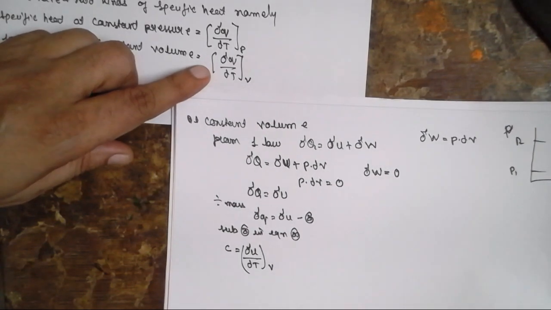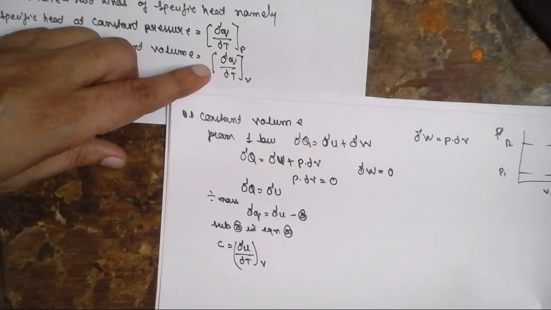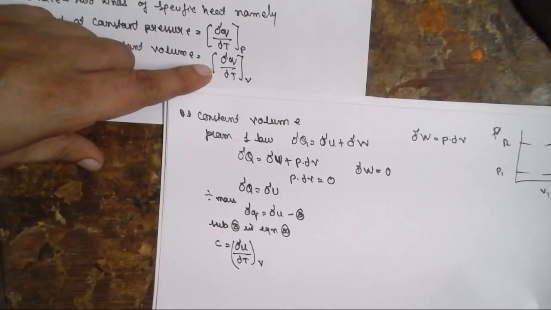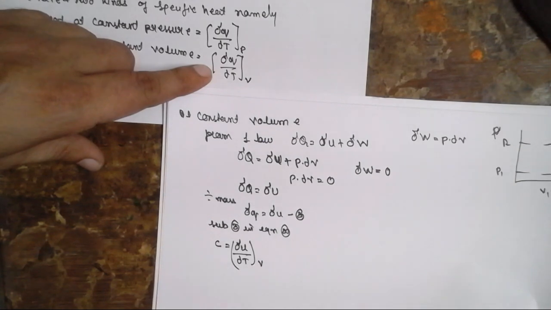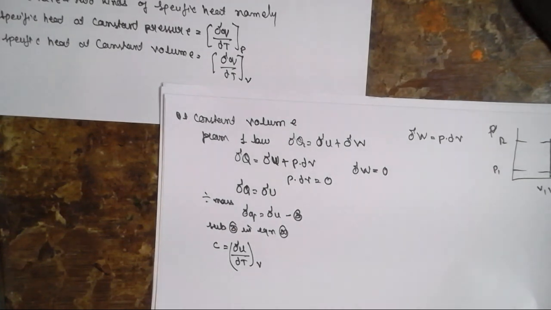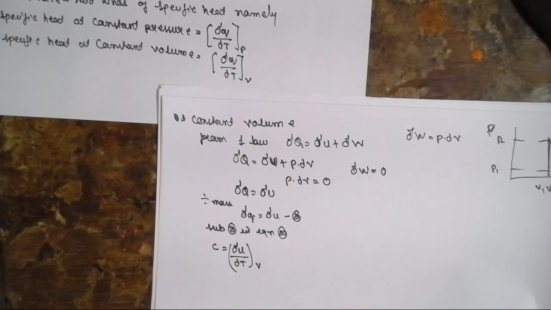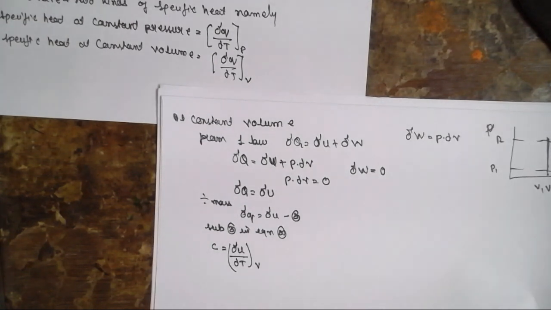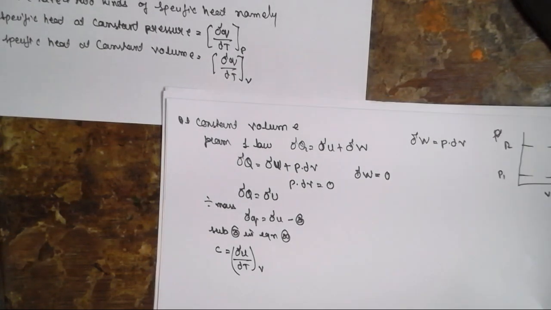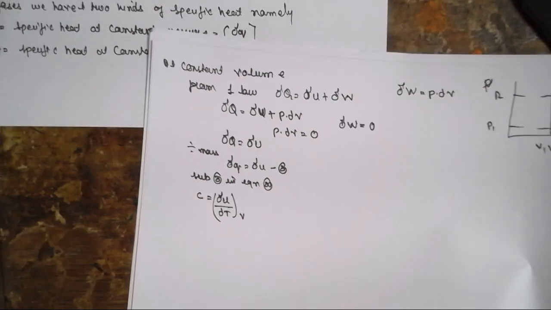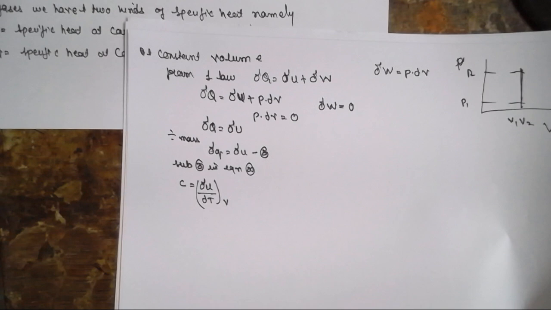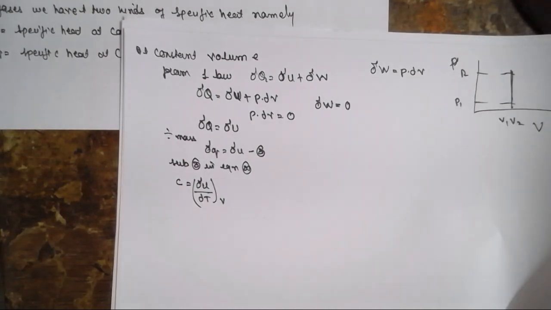Delta U is equal to, in terms of specific heat, delta Q, in terms of specific heat at constant volume.